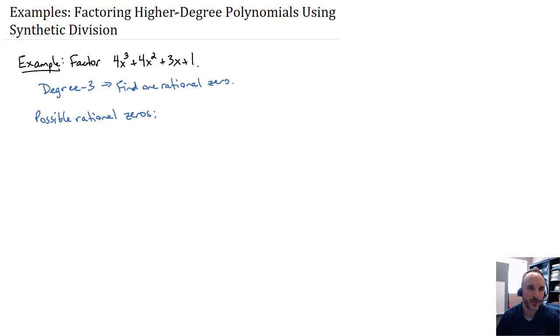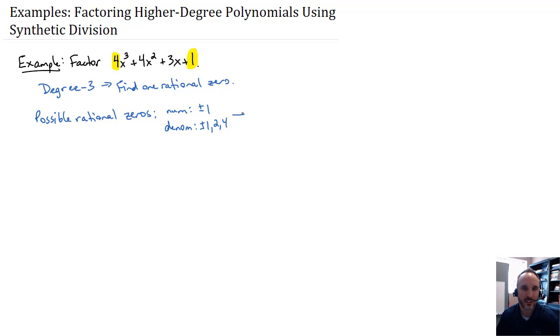The possible numerators of our rational zeros are factors of the constant 1, and luckily for us, 1 is its only factor. So the numerator has to be plus or minus 1, and the denominator has to be factors of the leading coefficient 4. So those are plus or minus 1, 2, and 4.